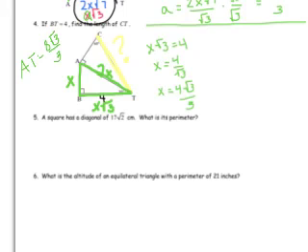So now I can redo all of my work here, kind of. And what I'm going to do is I'm going to delete this. So now I'm saying that AT is 8 root 3 over 3. And now I'm using this triangle. Okay? So we have x root 3 and 2x.